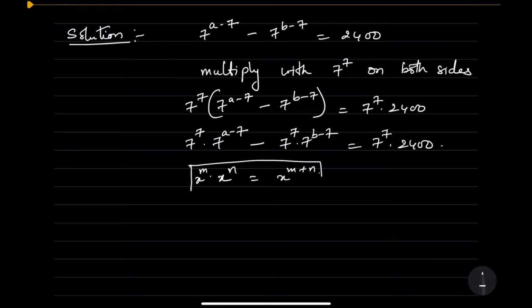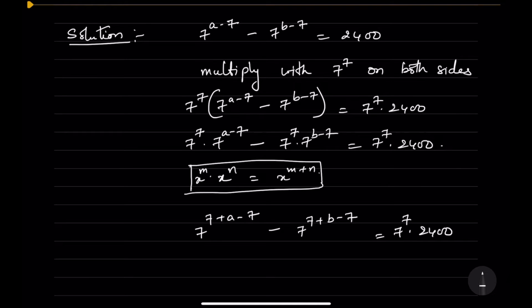Using this, we get 7 to the power of 7 plus a minus 7 minus 7 to the power of 7 plus b minus 7 is equal to 7 to the power of 7 times 2400.